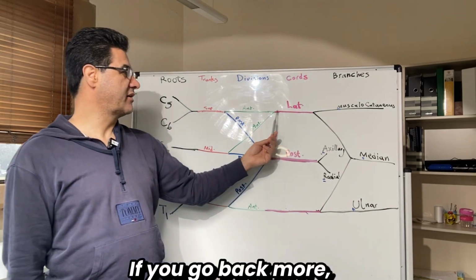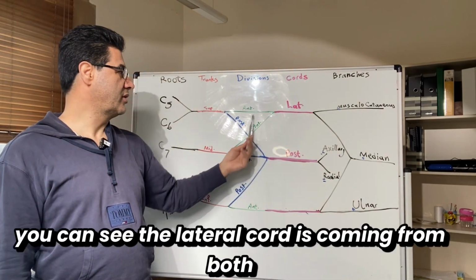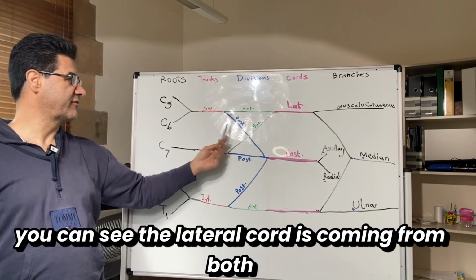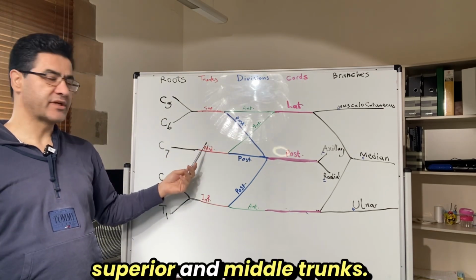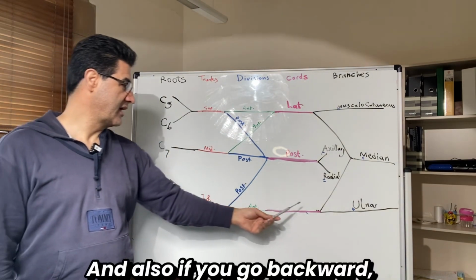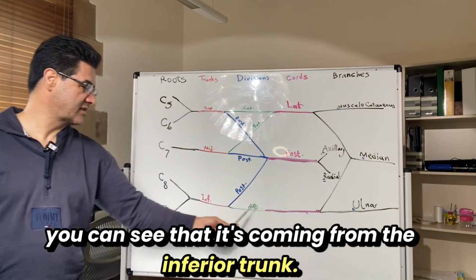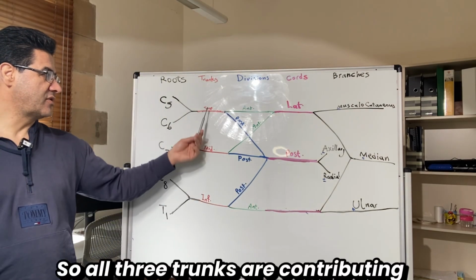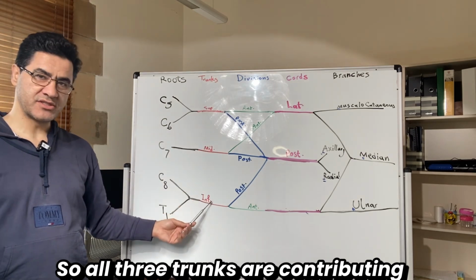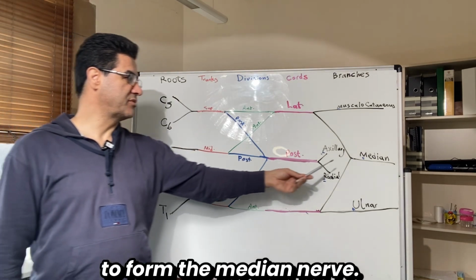If you go back more, you can see the lateral cord is coming from both the superior and middle trunks, and also if you go backward you can see that it's coming from the inferior trunk. So all three trunks are contributing to form the median nerve.